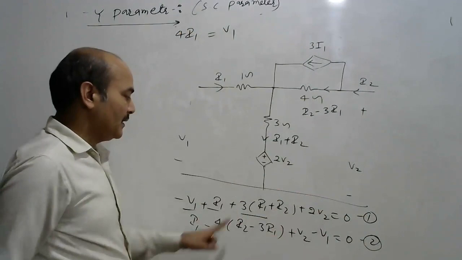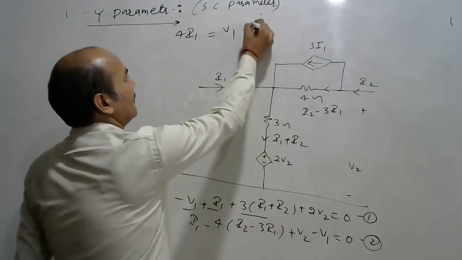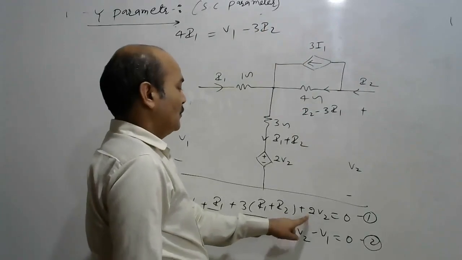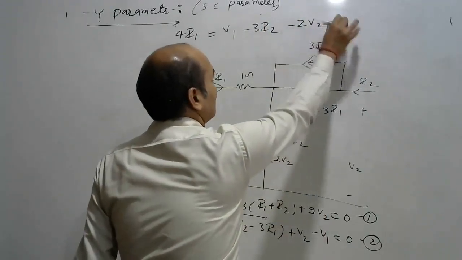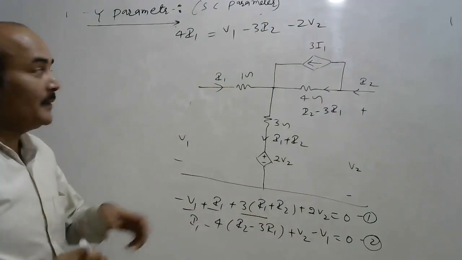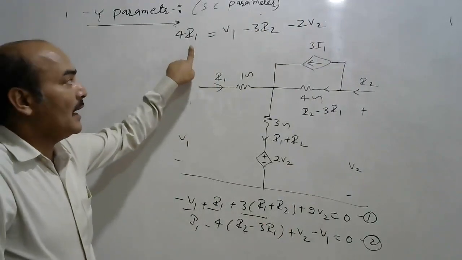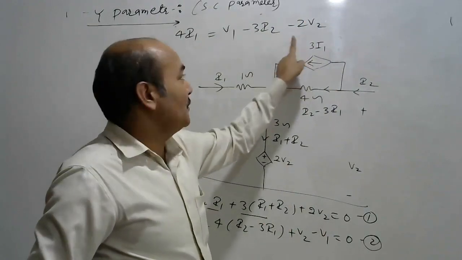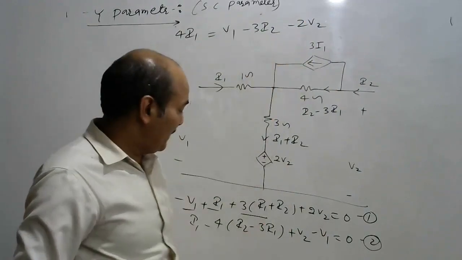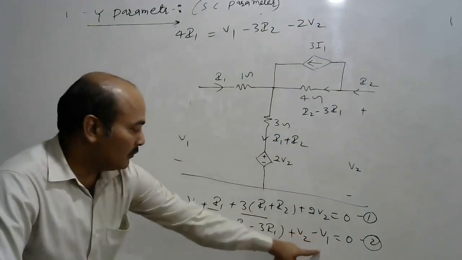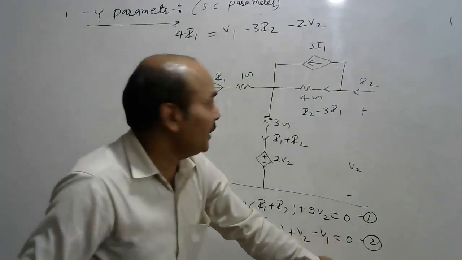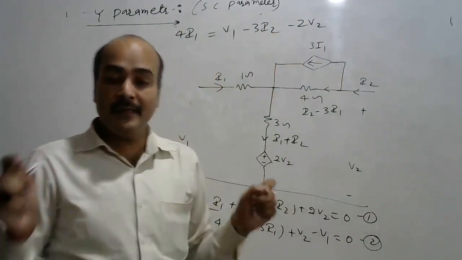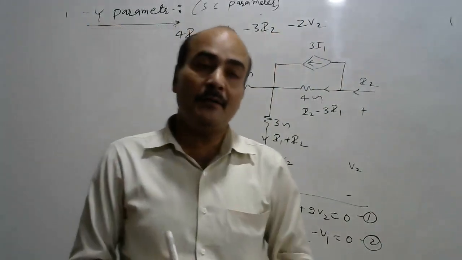That is 3I2, so this is minus 3I2, and that is 2V2, so this term is minus 2V2. Our target is to find the value of I1 as a function of V1 and V2. So to remove this I2, calculate the value of I2 from this equation and put it here. Then you will get I1 as a function of V1 and V2.